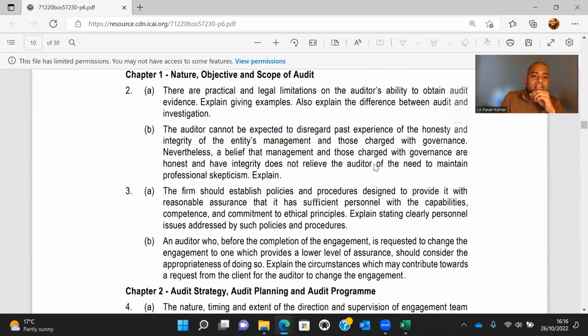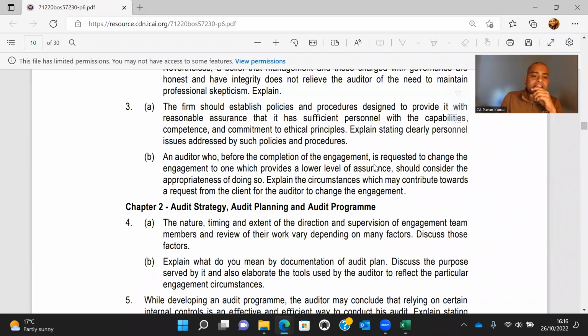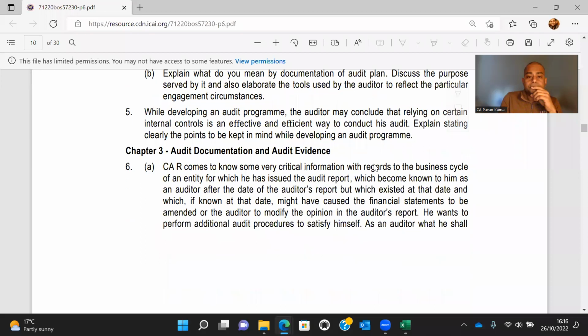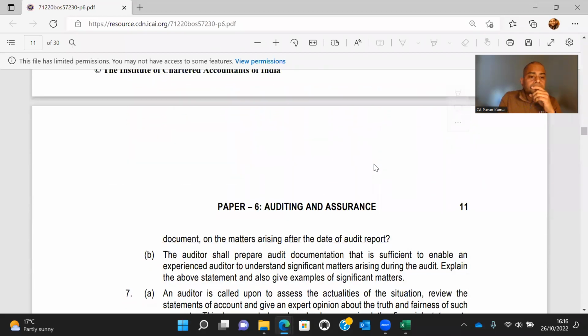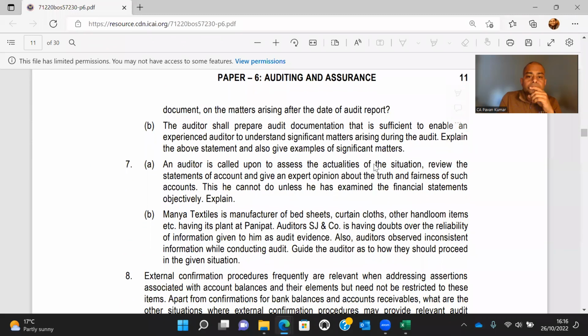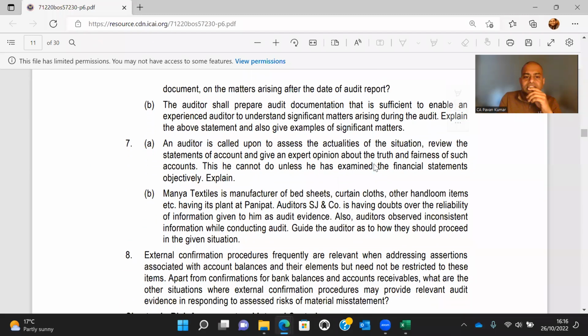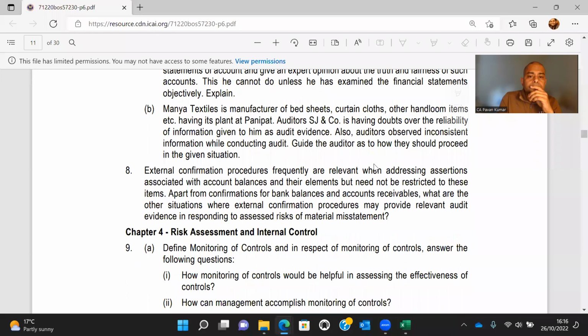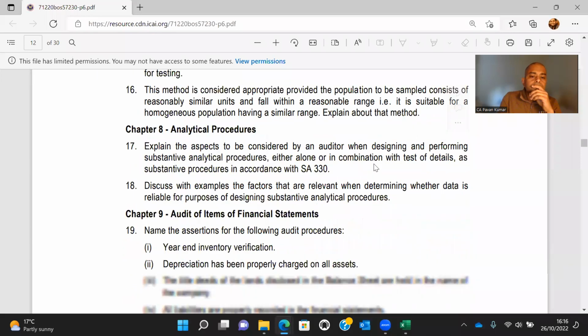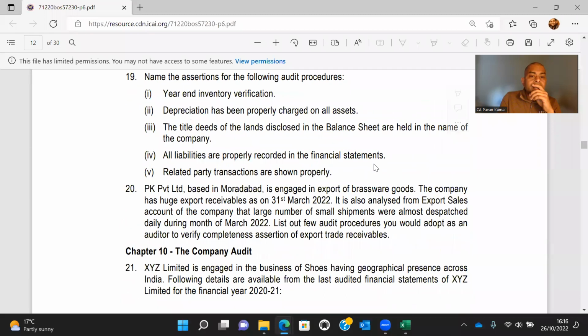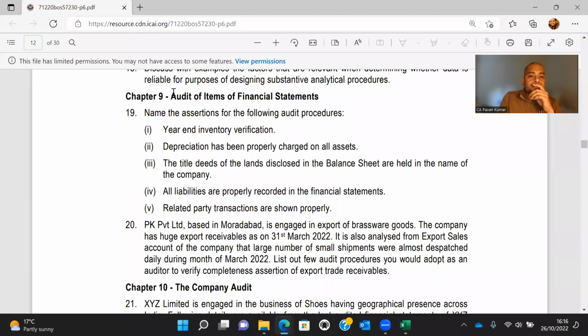So this is theory. I'm not going into theory. Matters arising after this is also theory. Let us look at some interesting and important questions.